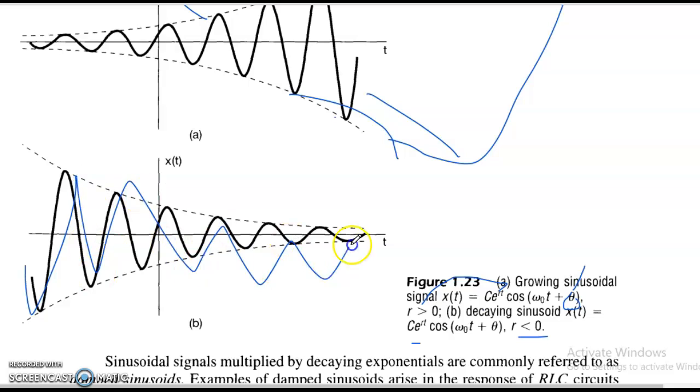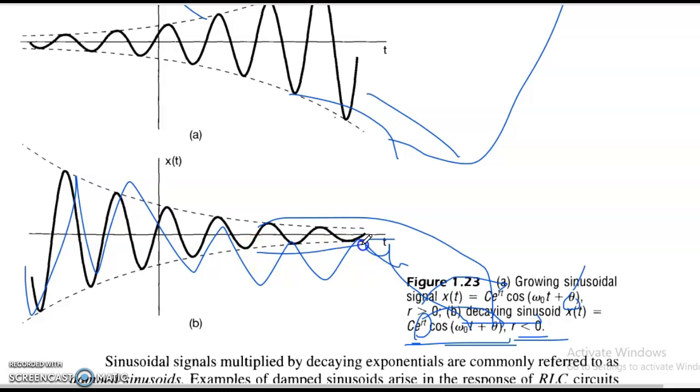So x of t equal to c e power rt cos of omega t plus theta, with r less than 0, is a decaying signal.